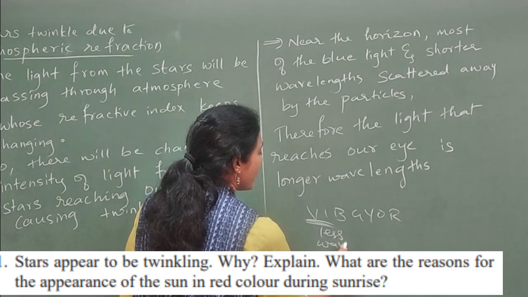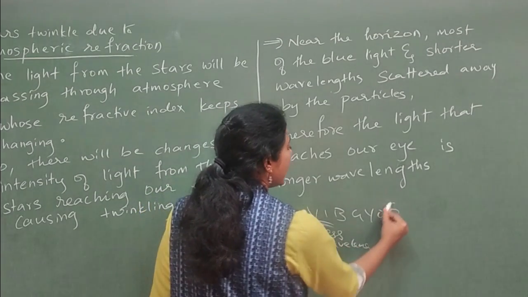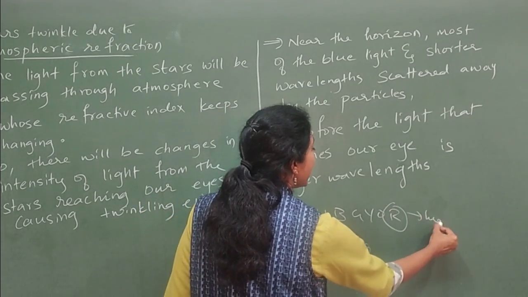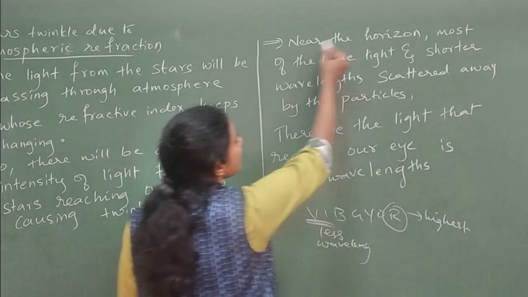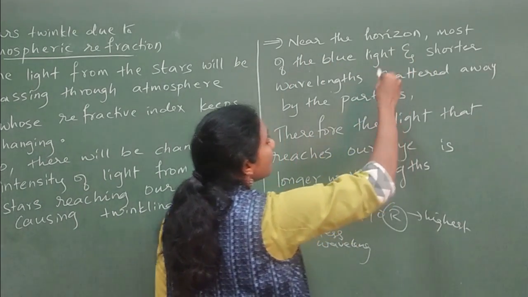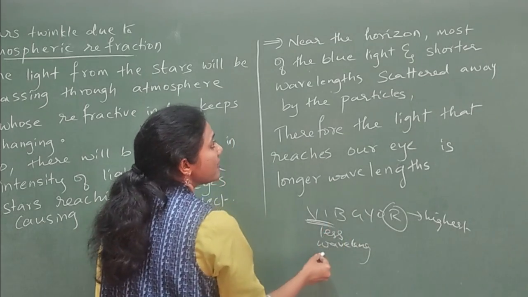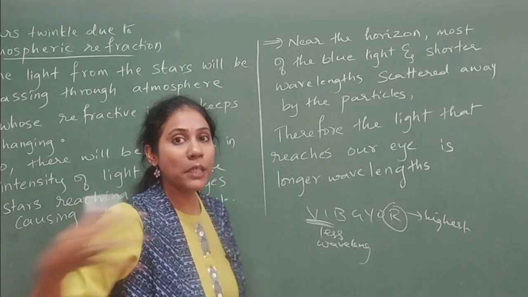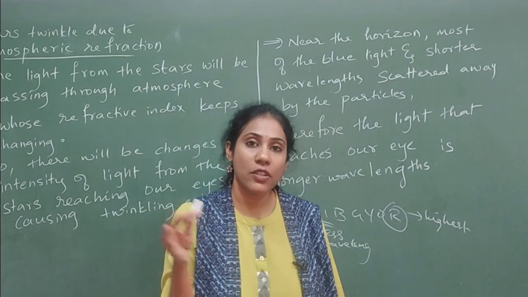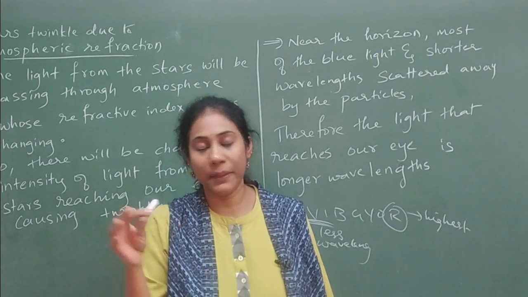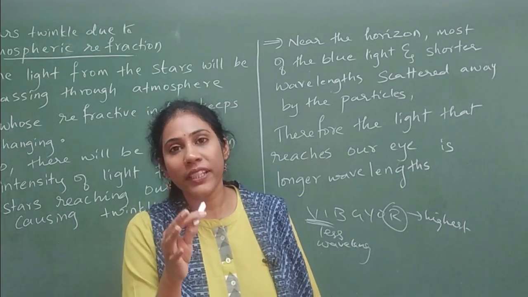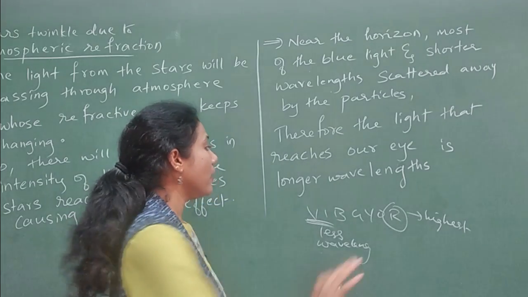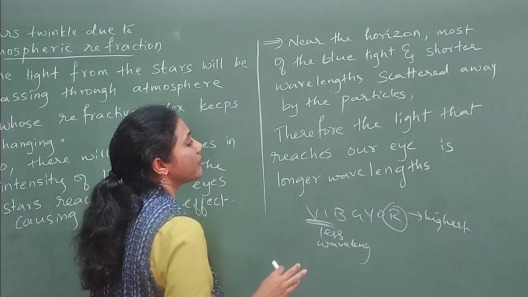Whereas the red radiation has the highest wavelength. So what happens is near the horizon, most of the blue light and shorter wavelengths will be scattered by the particles. So the atmosphere has lots of gaseous particles, gases, dust, etc. So all these particles scatter the radiations of less wavelength.